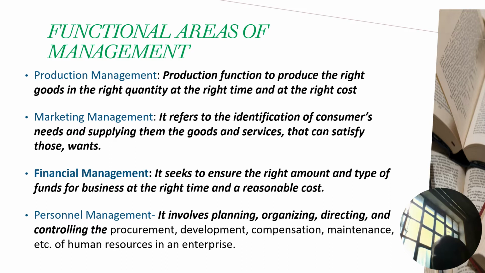The fourth functional area of management is personnel management. Nowadays, that is what we call human resource management. Human resource management, or personnel management, involves planning, organizing, directing, and controlling the procurement, development, compensation, and maintenance of the human resource in an enterprise.